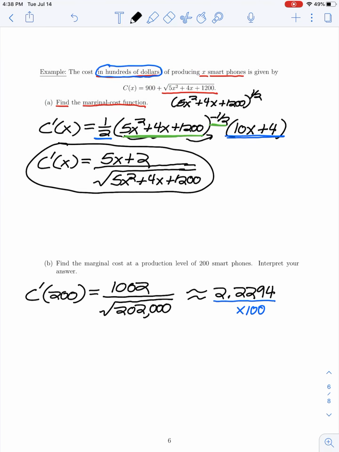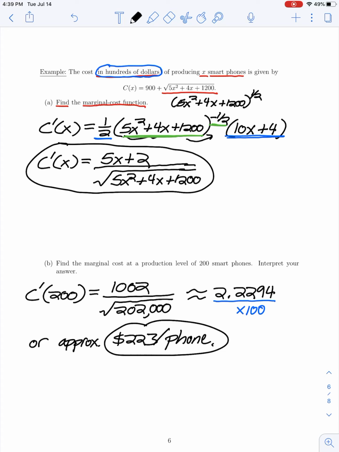We would have $222.94, or approximately $223 if we round to the nearest dollar, so about $223 per phone. Our interpretation here would be that at a production level of 200 smartphones, our cost is increasing at approximately $223 per phone.